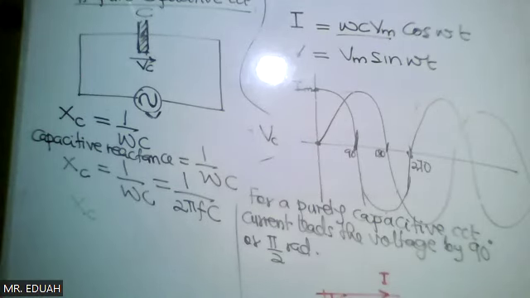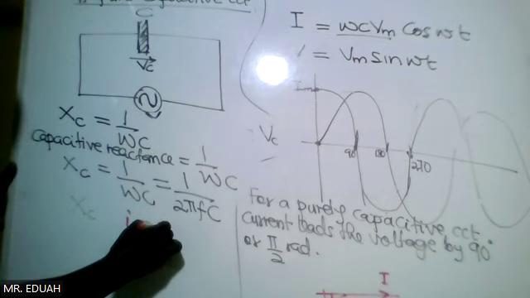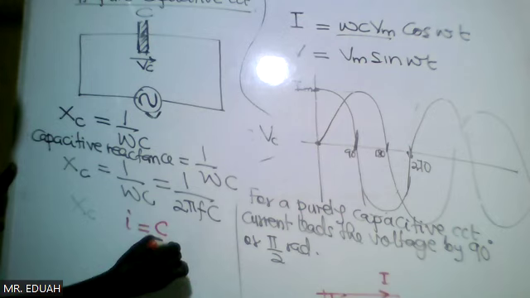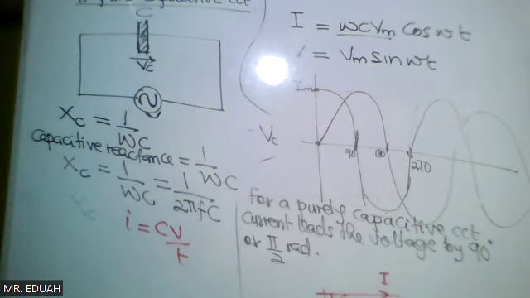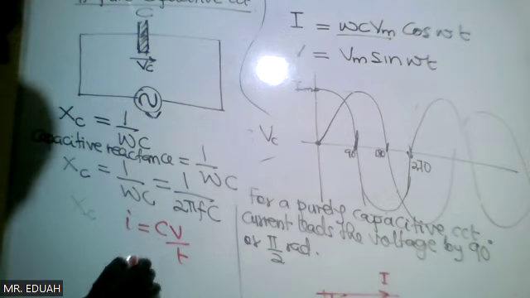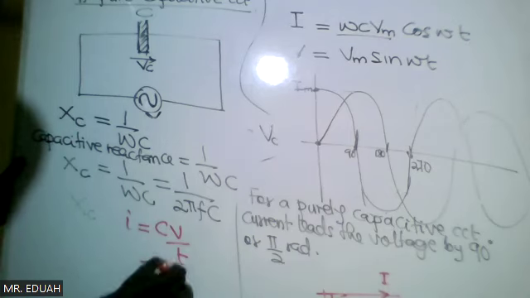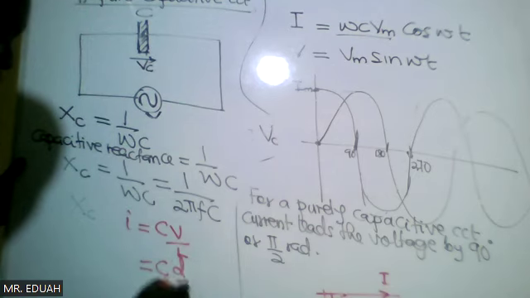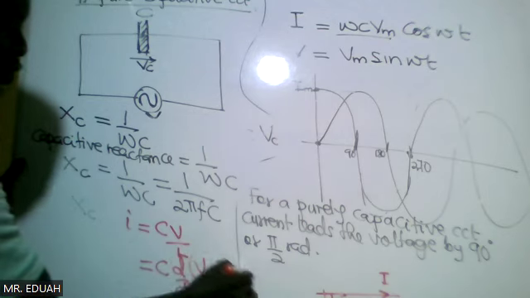You see, we looked at what we had for the current. We saw I to be equal to C dV over dt, so the change in the voltage with time. Then we substituted the instantaneous voltage, so C d/dt of the instantaneous voltage Vm sin omega t.